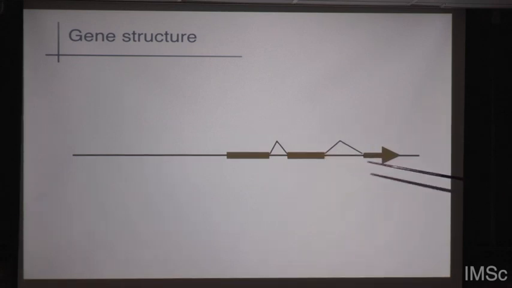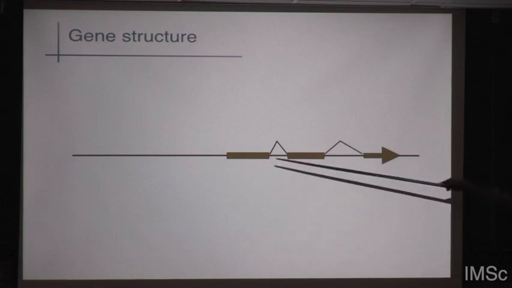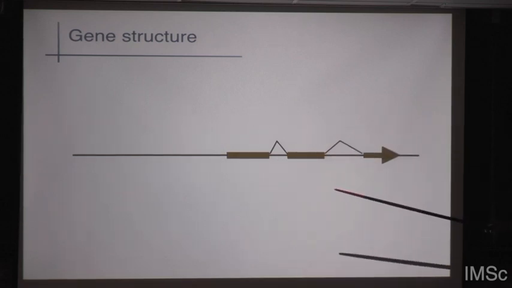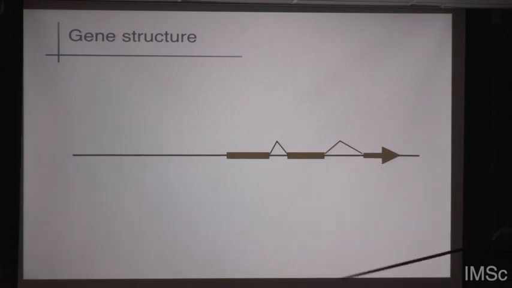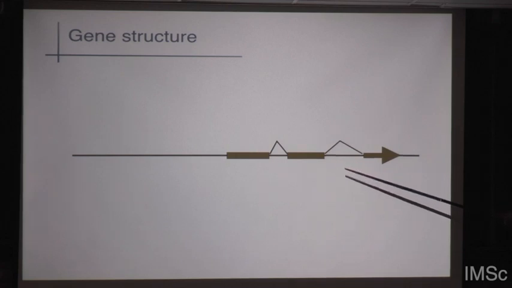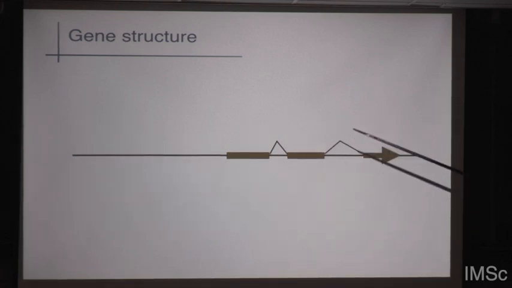Okay, and when it copies this whole thing, there is another enzyme that comes and cuts out the redundant or the unnecessary pieces. These are called introns and these are called exons. It's okay if you forget these names. I will introduce them again later on when we are talking about the models.